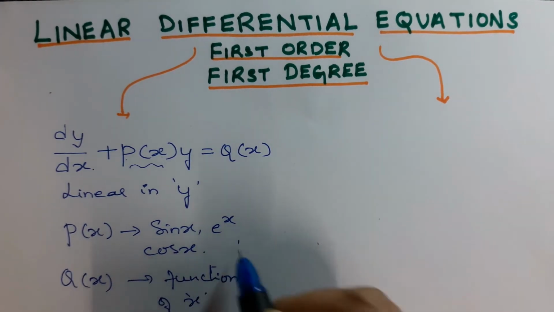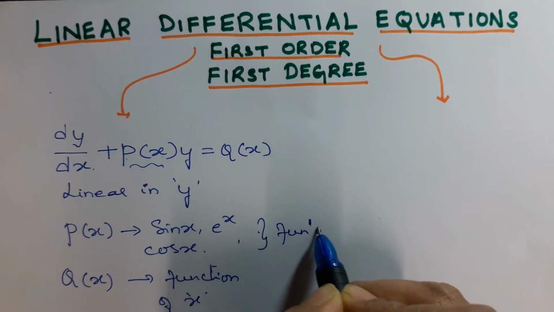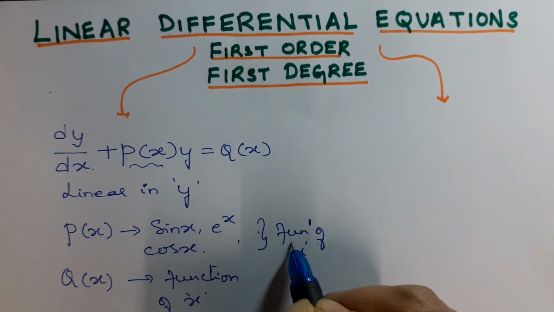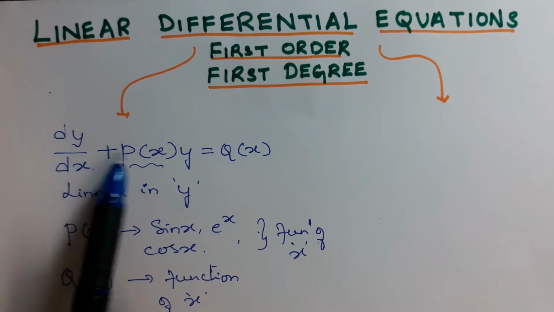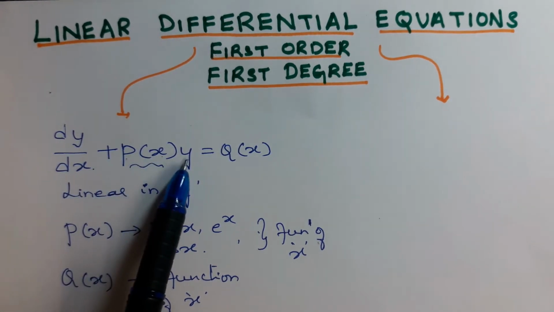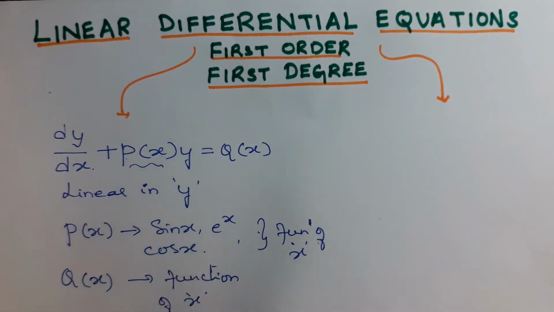So p and q are functions of x. Any differential equation of the form dy by dx plus p of x into y is equal to q of x is called linear in y.